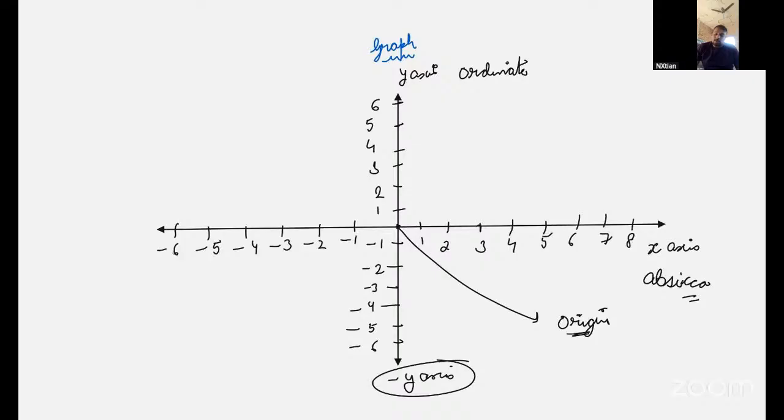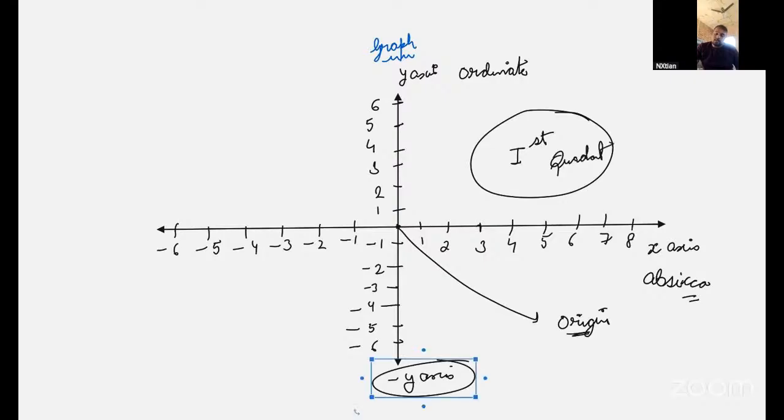Okay. Now listen, everyone. This is called the first quadrant. Quadrant means four equal parts. So you can see this is called the first quadrant. This is called the second quadrant. This is called the third quadrant.